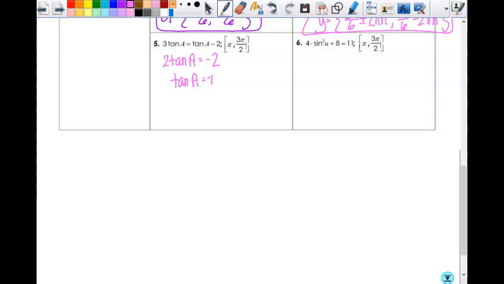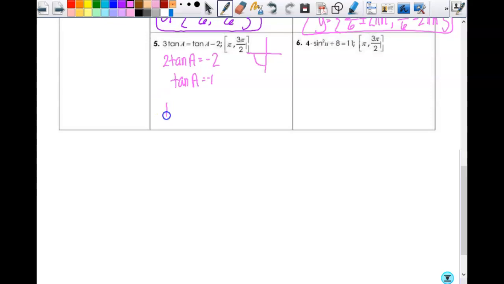Negative 1. So this is going from pi to 3 pi halves, which is just that part right there. So where in that interval is tangent negative 1? Never. Why never? Because it's positive in the third quadrant. Because we only have the third quadrant there, and tangent's positive in the third quadrant, right?